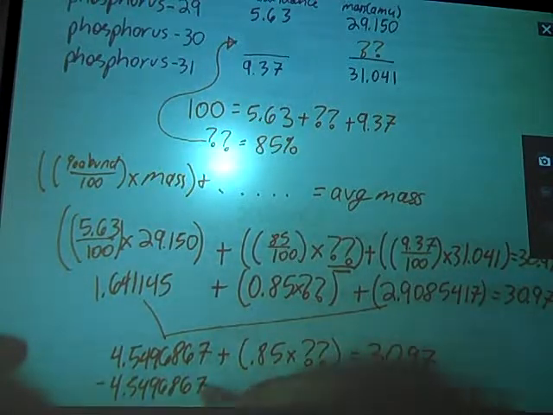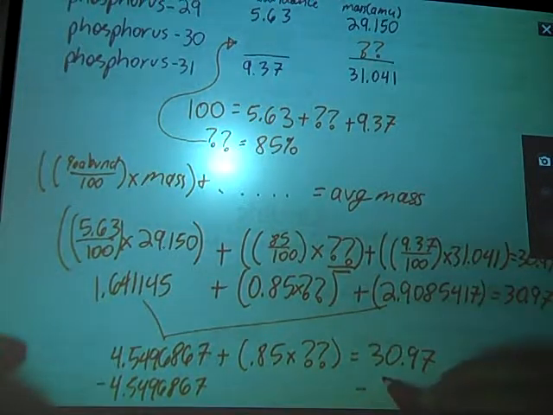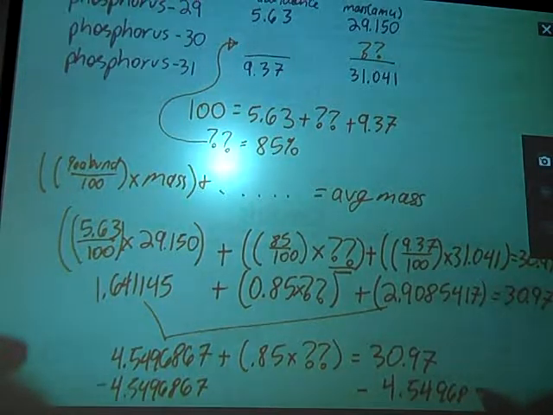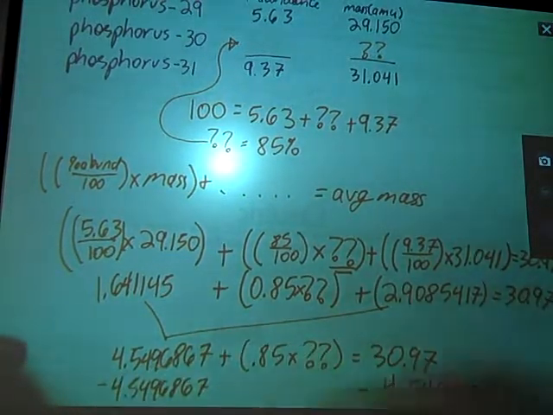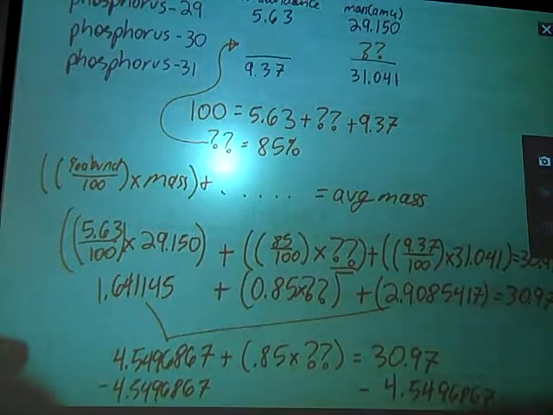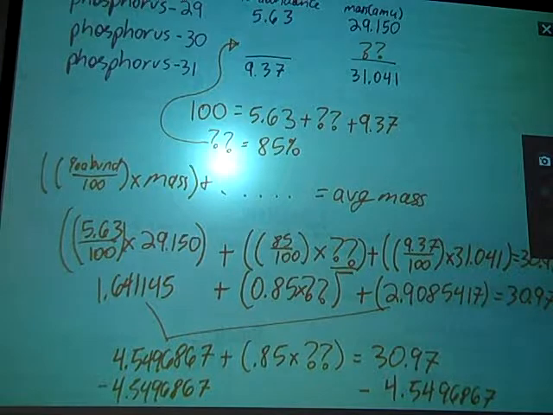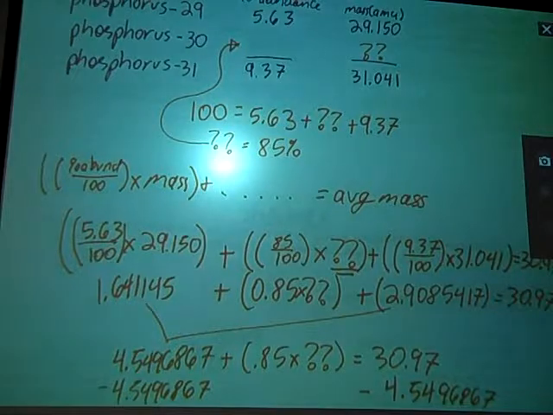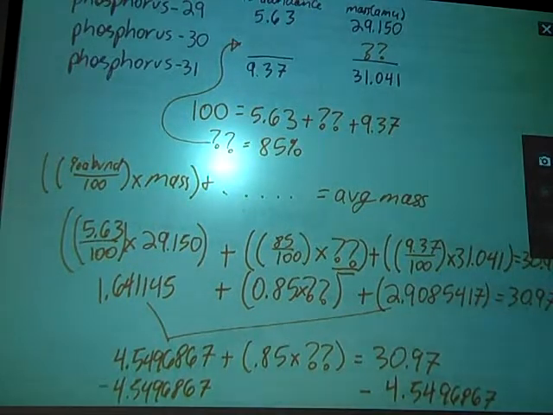We're still going to get that by itself. That's our whole goal through all of this algebraic nonsense. Don't tell your algebra teacher that I said that. Equals 30.97 minus 4.5 stuff. 26.4203133. Whoops.